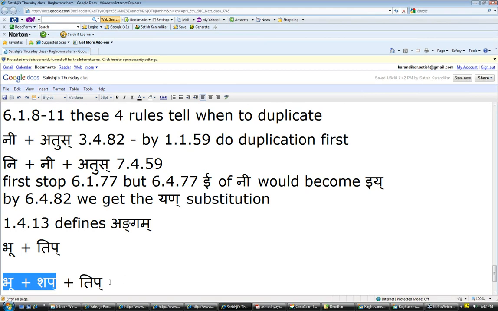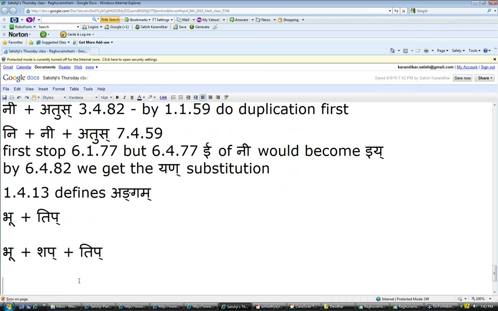So when you want to decide what is the angam for the tip, you start from bhu. That's because the tip was prescribed to come after bhu. So you have to start from the bhu and come up to tip to decide the angam for tip. It's a relative term. So relative to tip, the angam is bhu plus shap.